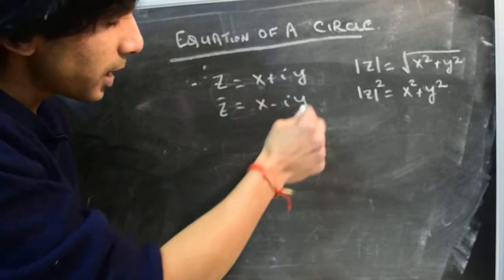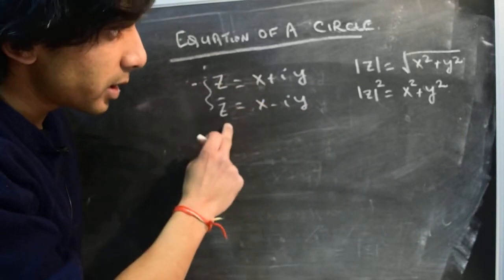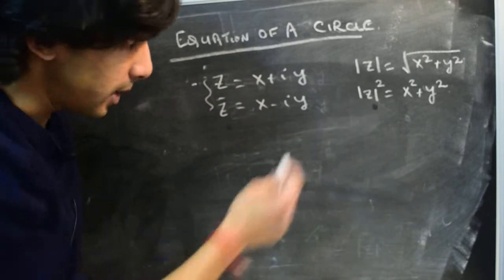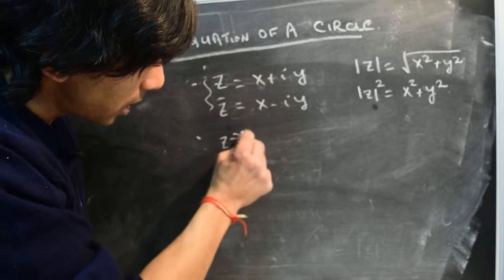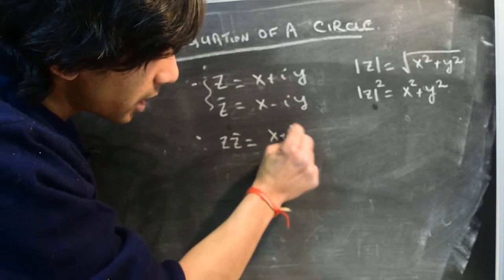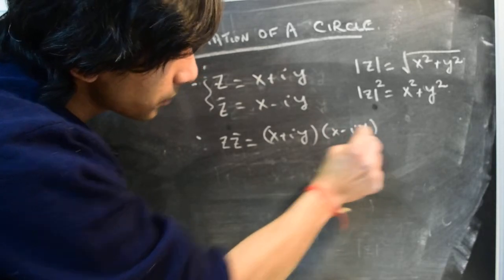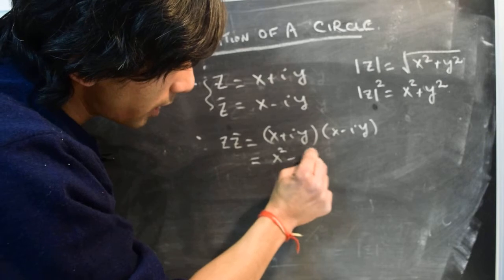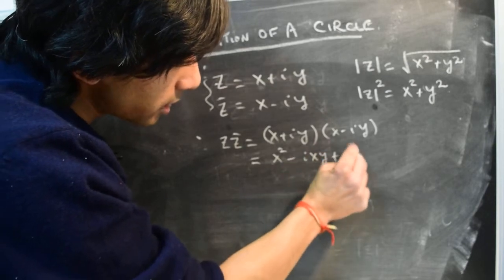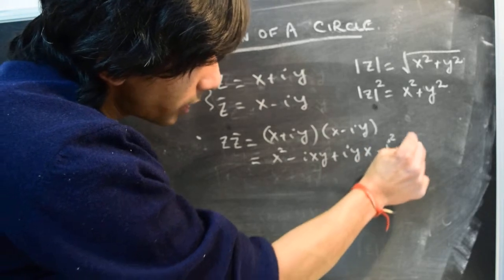Now, if we check the product of z and z bar, it turns out that the product of z and z bar is actually equal to modulus of z square. So let's check that quickly. z times z bar, that is x plus iy times x minus iy, is x square minus i times xy plus i times yx minus i square times y square.